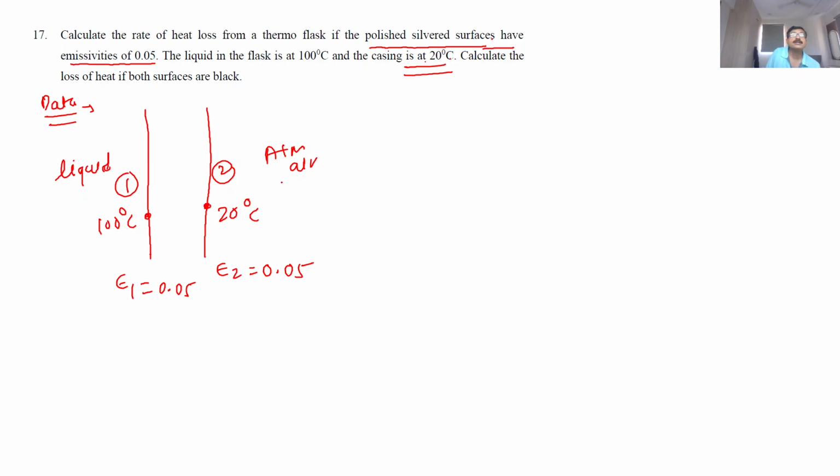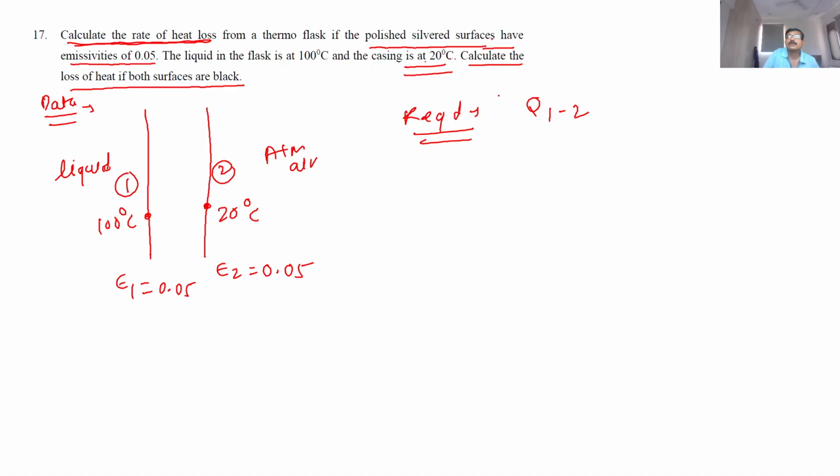And what have they asked? Calculate the rate of heat loss. Means what is the required answer? They ask you Q1 to 2, that is number 1, and number 2 again they have asked, calculate the loss of heat if both surfaces are black.